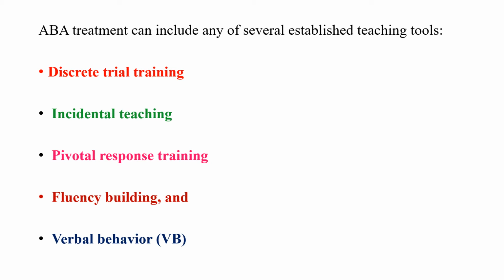So here, ABA treatment works like this: we have to select a positive reinforcement which stimulates or reinforces the child to do that desired behavior. That has to be used systematically, step by step, so that new behaviors are taught, desired behaviors are increased, and to maintain that behavior, that is the fluency building, and also to generalize the behaviors.